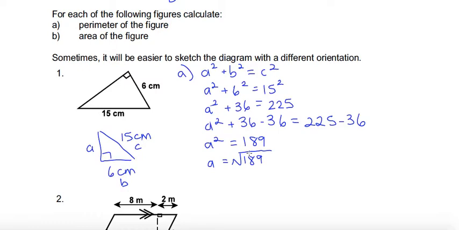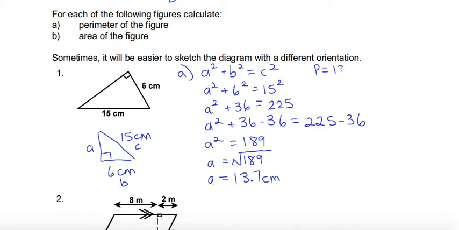So I'm going to work out the square root of 189, and it doesn't work out to be a nice whole number. So the value of a is about 13.7. I'm going to keep one decimal place, and my unit is centimeters. So when I'm calculating the perimeter of this shape, the perimeter is equal to all 3 of my sides added together.